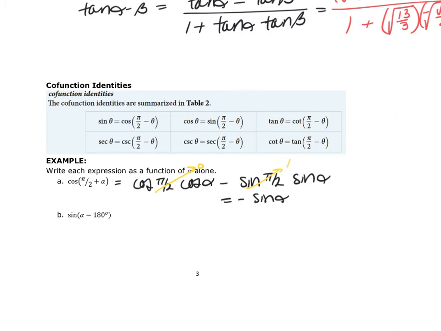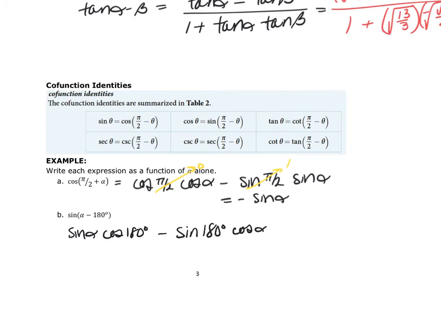Now let's take a look at B here. Again, we can brute force this by using the sum and difference. So this is the sine of alpha cosine of 180 degrees minus the sine of 180 degrees, the cosine of alpha.